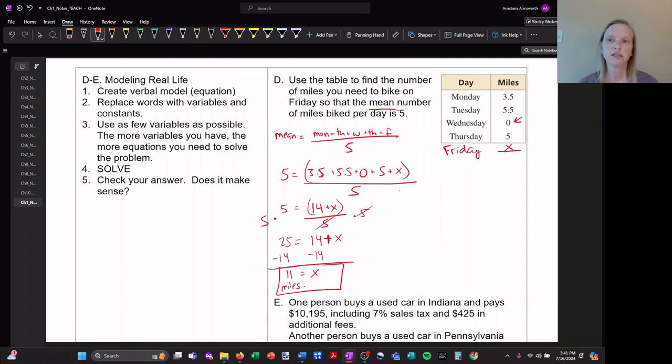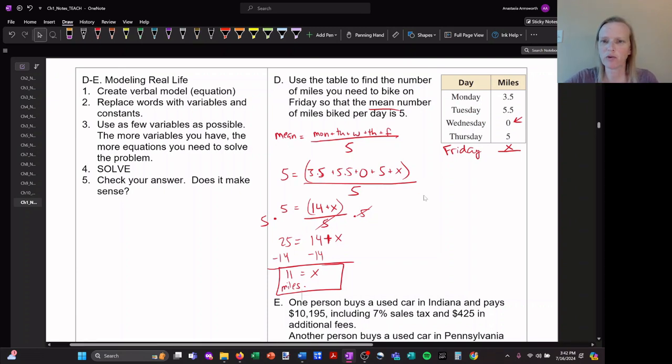Since we didn't bike at all on Wednesday, in order to keep the average up, we need to go more than twice as far, because we also didn't bike as far as we should have on Monday either. So we have a lot of ground to make up. It does make sense that I have to do more than double the average to get the average, the mean, up to 5.